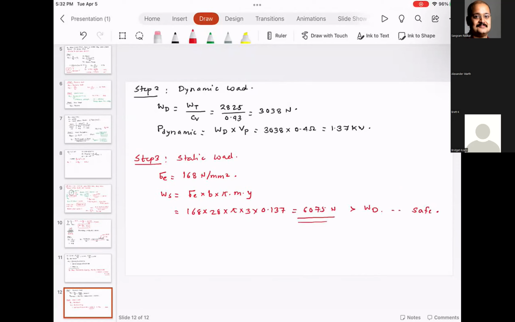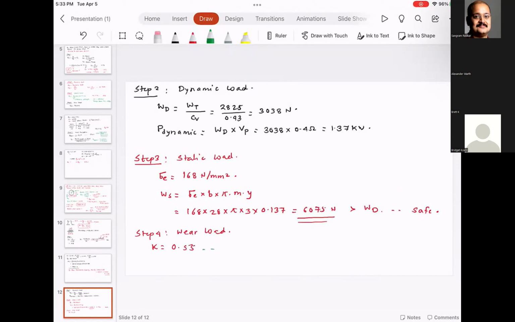And the last step is step 4, find the wear load. Wear load K factor from the table is 0.55.